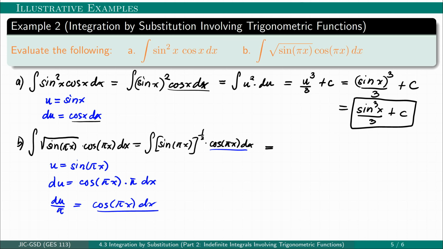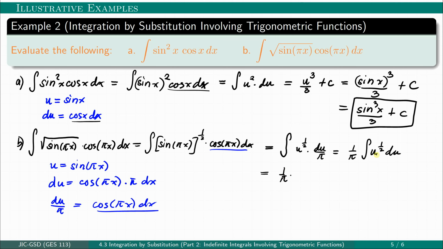So replacing this information, we get the integral of sine pi x, which is just u raised to 1/2, times cosine pi x dx, which is actually du over pi. Now we can move 1 over pi outside of the integral, and we have the integral of u raised to 1/2 du. So this is now a simple integral. We can use the power rule.